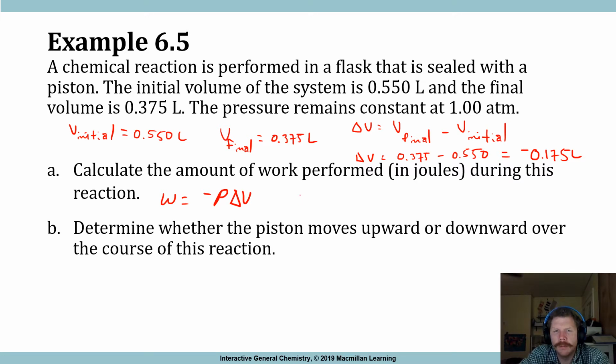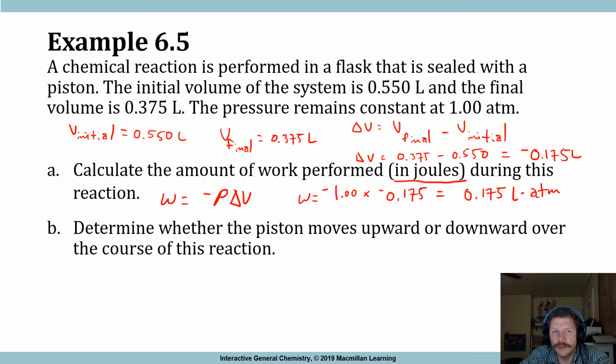So W is equal to negative 1.00 times negative 0.175, and that would end up being 0.175 liter atmospheres.